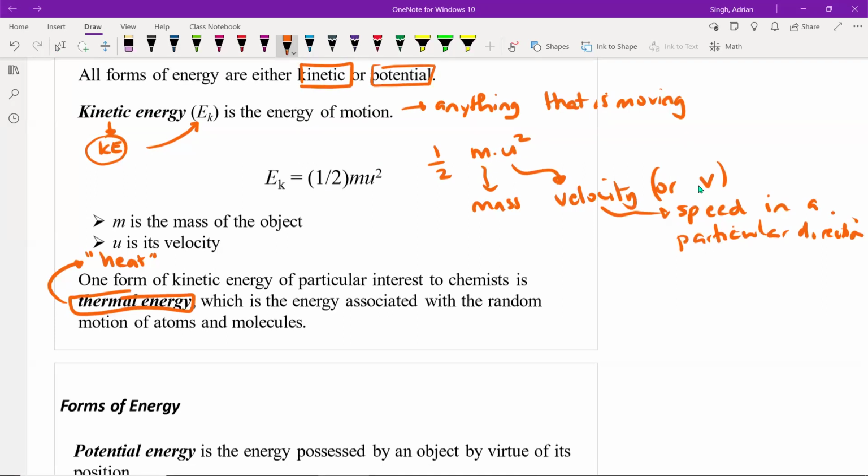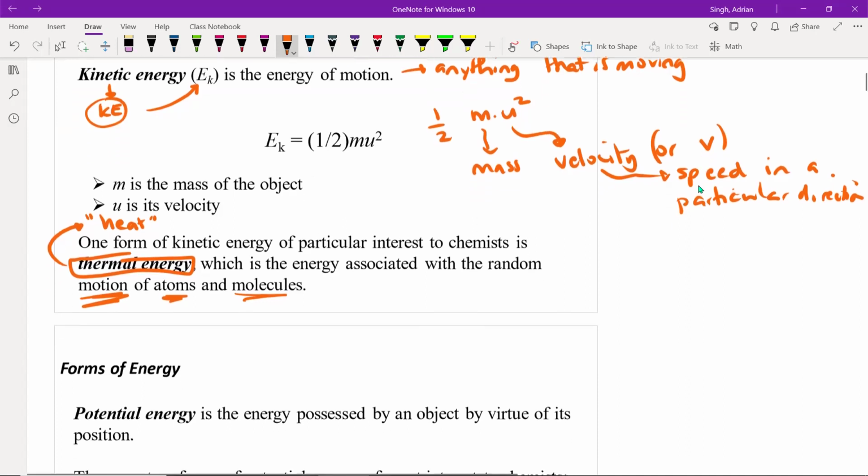It's a form of energy that's associated with motion. Again, atoms and molecules moving around possess some sort of thermal energy, and that's going to be important when we start looking at the definition of temperature a little bit later on. So that's kinetic energy, which we define as half mv squared, the energy of motion.